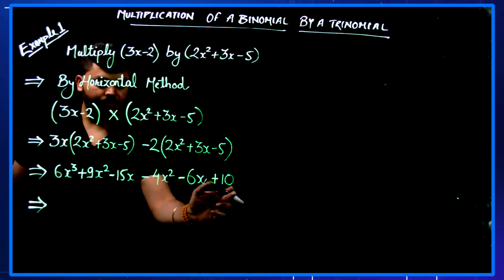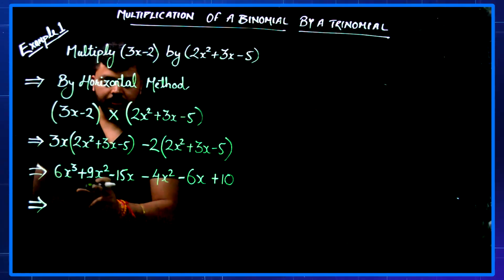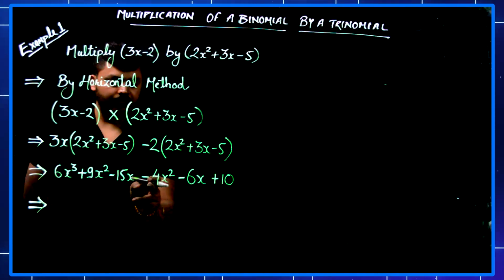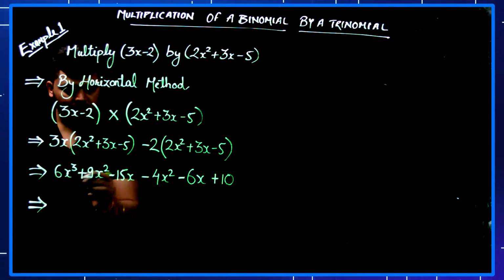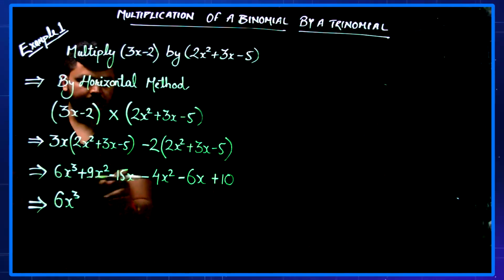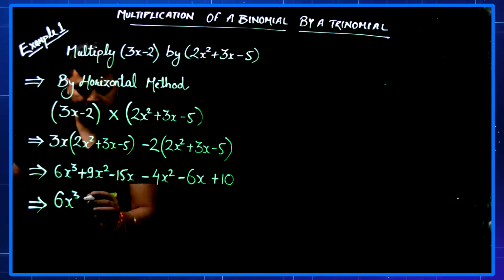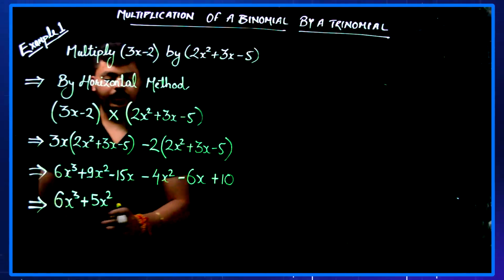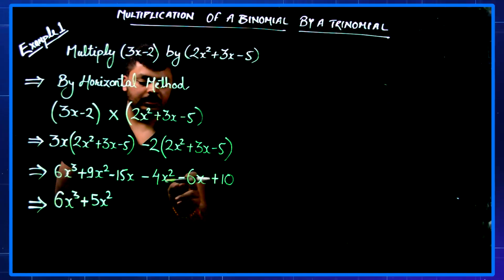Now when we solve the complete term, we add up the like terms. Our x square terms are 9x square and minus 4x square, so we get plus 5x square, and 6x cube. Now x terms are minus 15x and minus 6x.